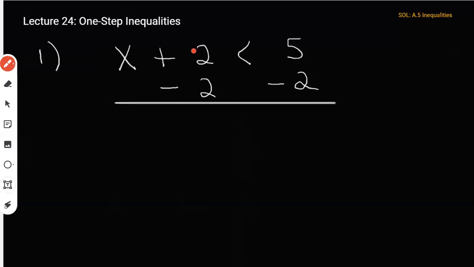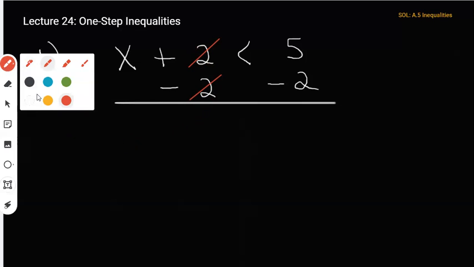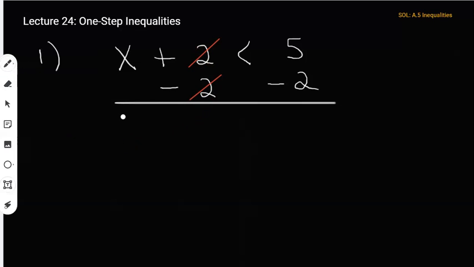So what's going to happen on this side is the positive 2 and the minus 2 are going to cancel each other out. So I'm going to cross through those. And I'm going to bring down the x, the variable, just like that. Another thing that I'm going to do is bring down the less than symbol.